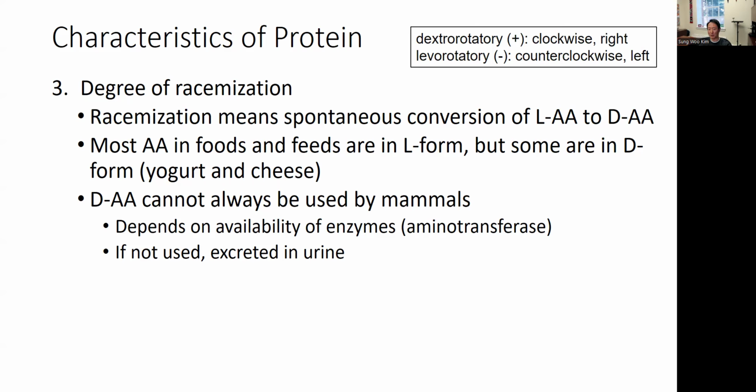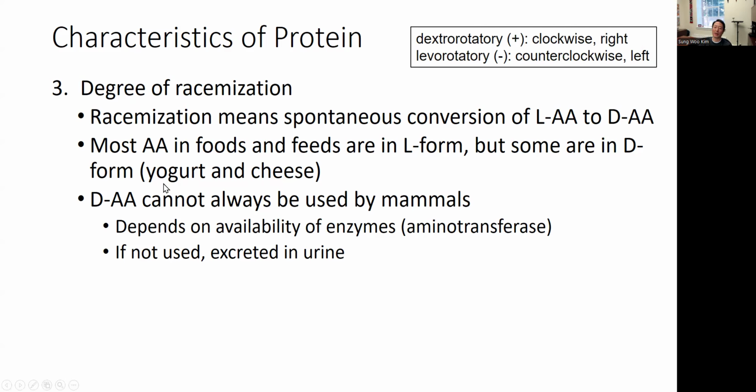It's fermentation by microorganisms, the bacteria, fungus, okay? There's a fermentation product can contain D form, D-type amino acids, because bacteria can convert it, okay? So the yogurts, protein in yogurts and protein in cheese could have a D amino acids.